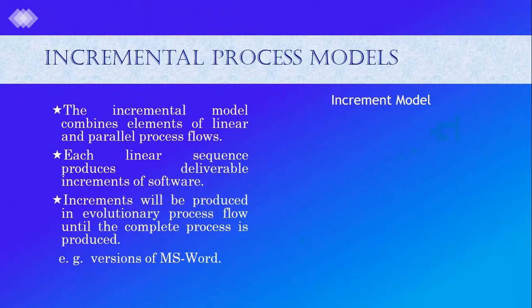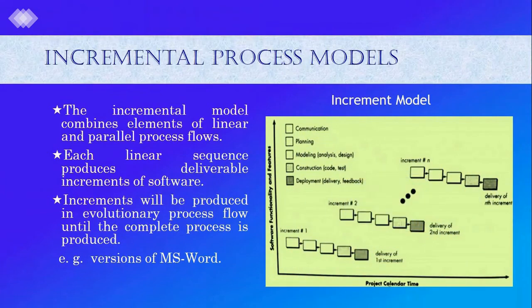The incremental model combines the elements of the linear and parallel process flows. Each linear sequence produces deliverable increments of software. Increments will be produced in an evolutionary process flow until the complete product is produced. Example, versions of MS Word.